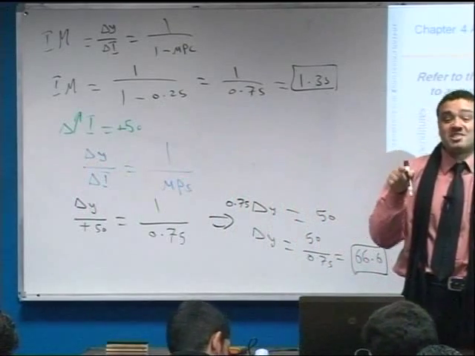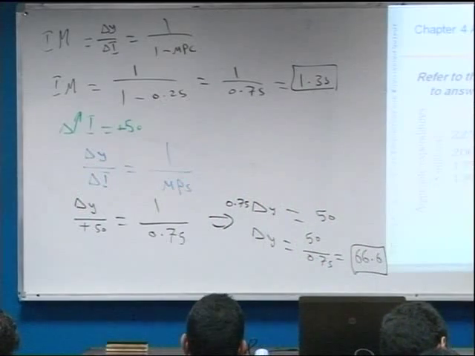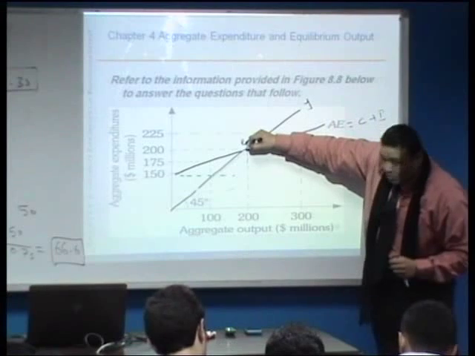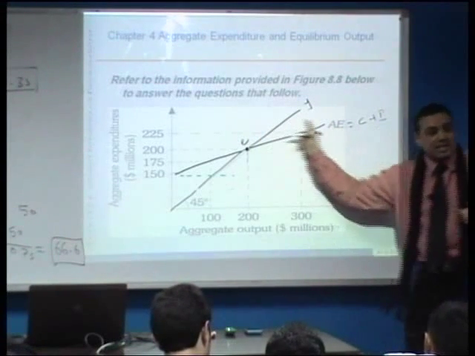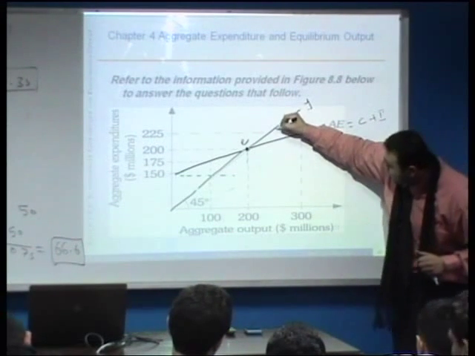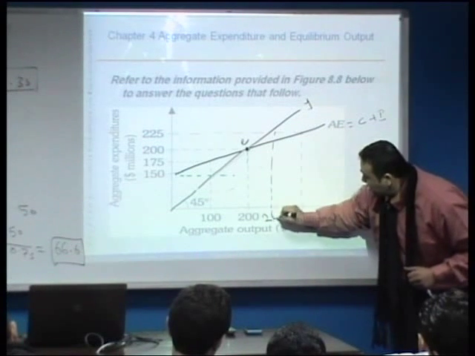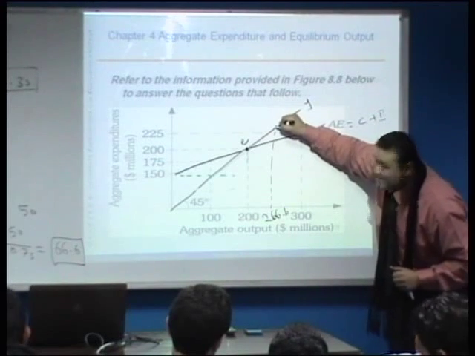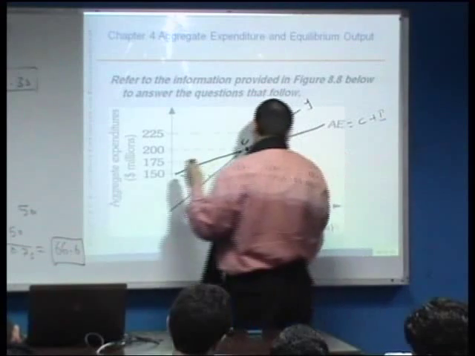So how much is the new equilibrium output on the figure here? The equilibrium was 200, and we have an additional increase of 66.6. So the new equilibrium should be here, 266.6. So we expect the new equilibrium at this point.